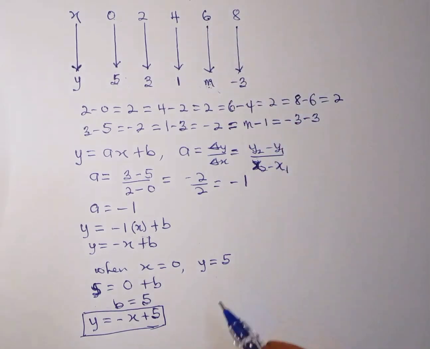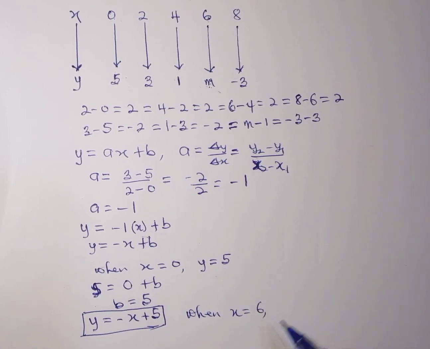So it means when my x is equal to 6, my y is equal to M. Then I'll substitute and solve for M. So my M, which is the y, is equal to negative 6 plus 5.